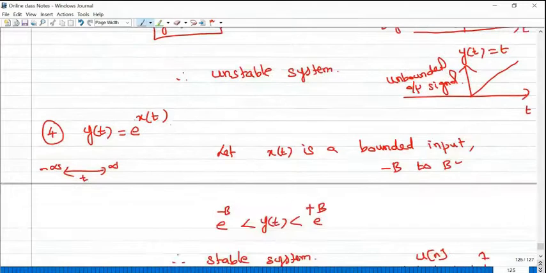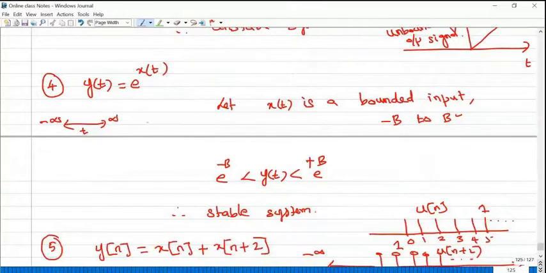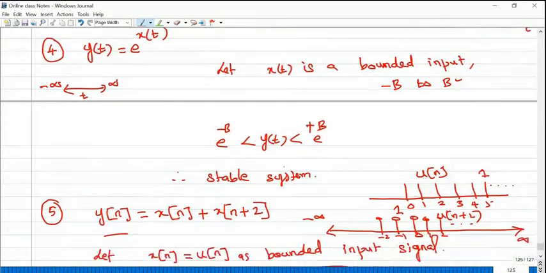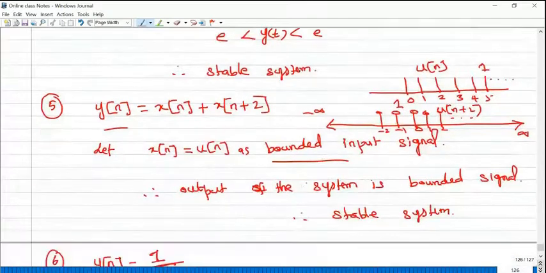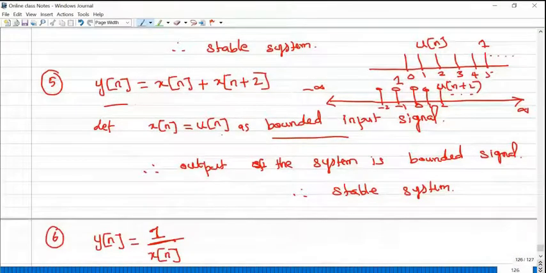Here, if we assume any value for x of t, a bounded input signal, the output may lie between e power minus some value to e power plus some value. Anyway, it is a finite magnitude at all the time instants. Therefore, the system is stable system. And in the fifth also, we are assuming x of n equal to u of n. Then while analyzing u of n plus u of n plus 2, the amplitude of the signal is always finite at each and every time instant.